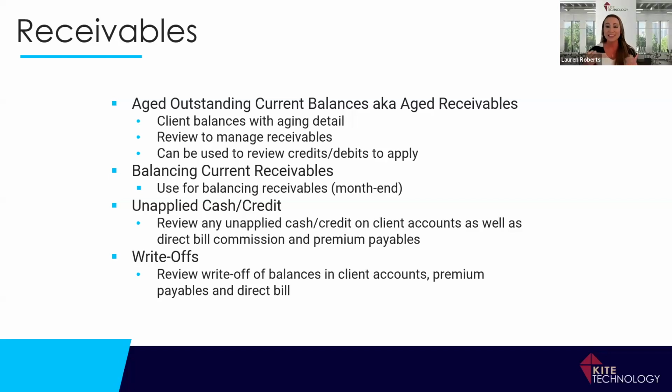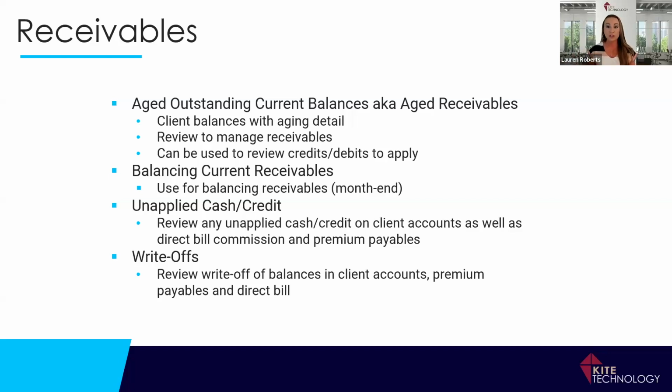So this report is one of the ones that's vital to the agency in identifying amounts that are due to the agency or back to the client themselves. It's really important to stay on top of this report because it can easily get out of hand. You're going to see things like your balances with aging detail. You've got your 0 to 30, your 31 to 60, your 60 to 90, and so forth.